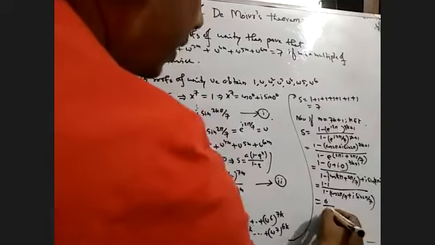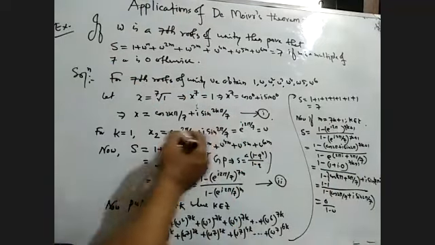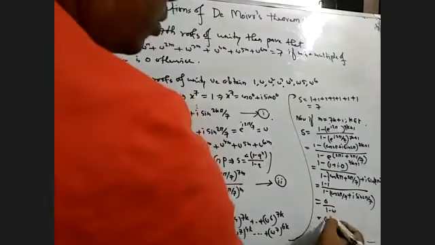Okay, 1 minus omega, twice pi by 7 means omega. So this equals 0.